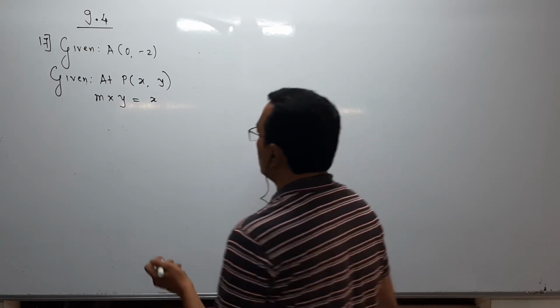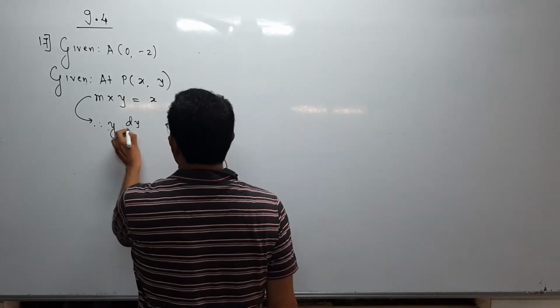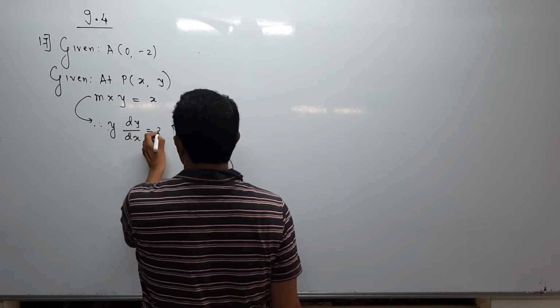Now students, geometrical interpretation of slope is nothing but dy by dx. So y into dy by dx is equal to x.